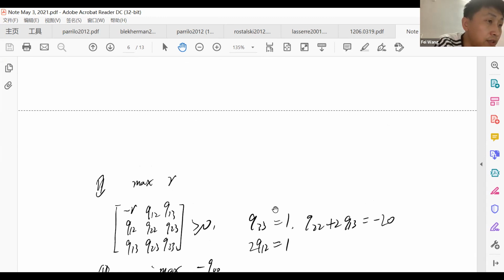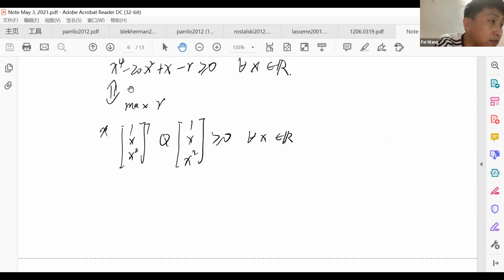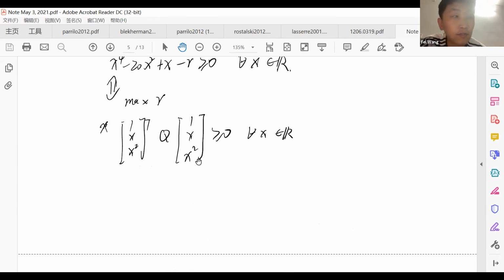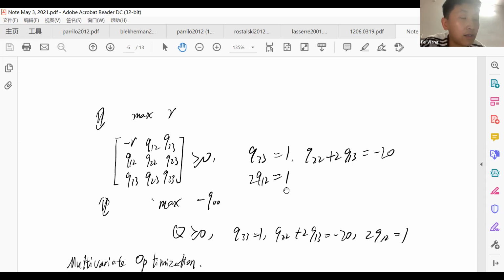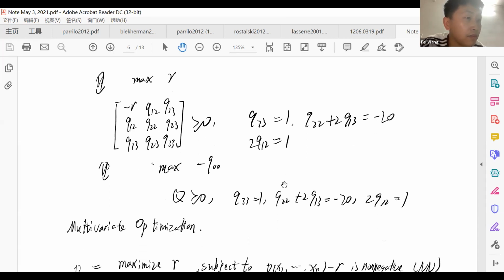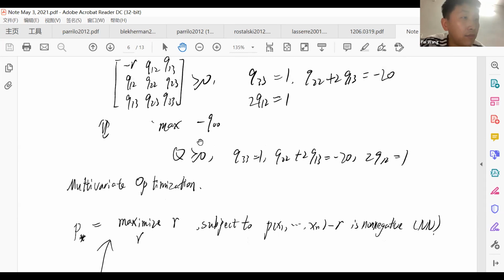So Q33 equals 1, since that is the coefficient of x^4, and there are some other constraints. In the end, we obtain this SDP problem: we maximize minus Q00, the top left element of Q, such that Q is positive semi-definite with this affine constraint.